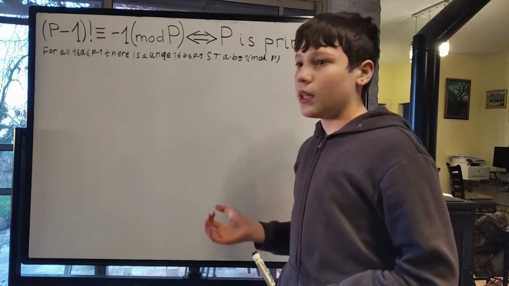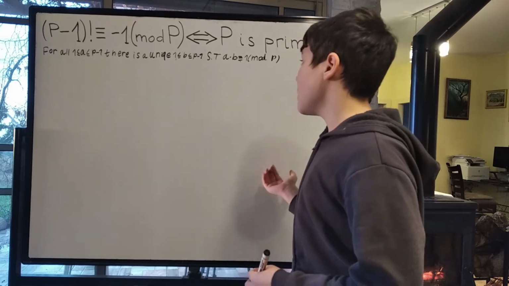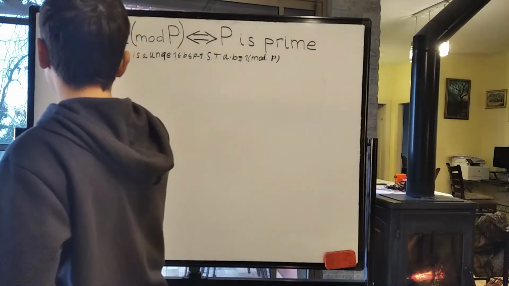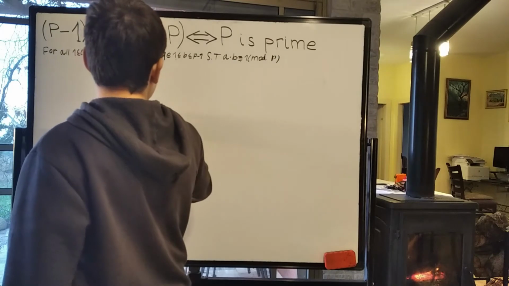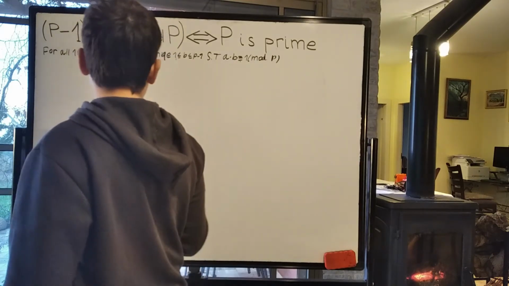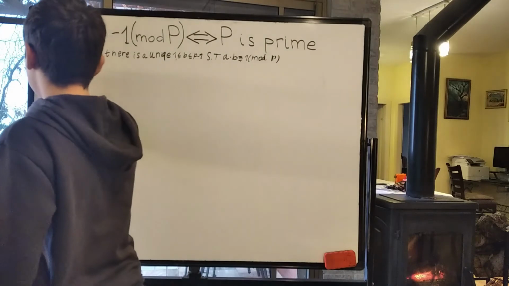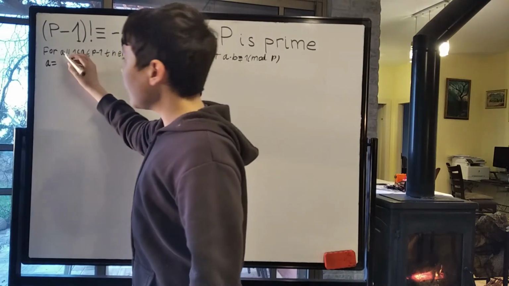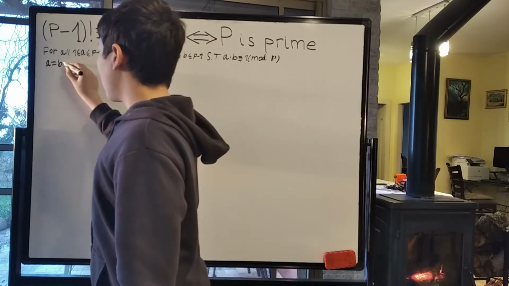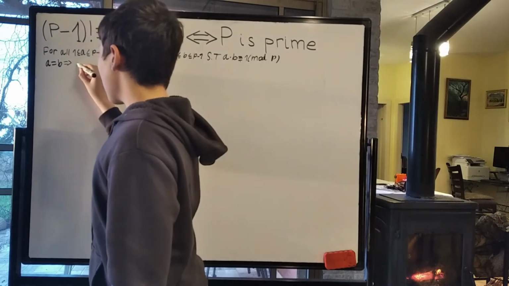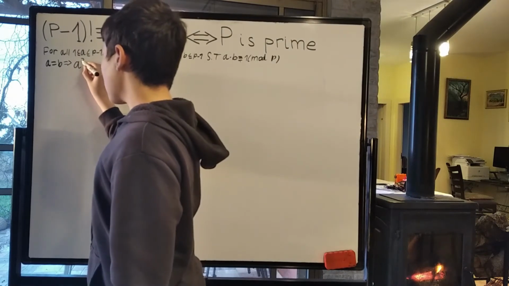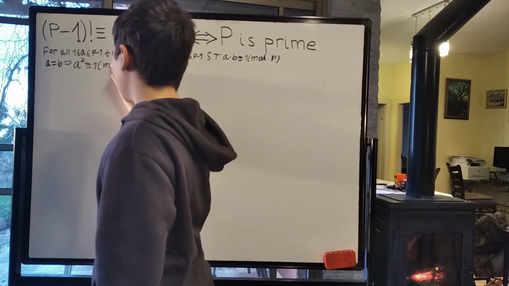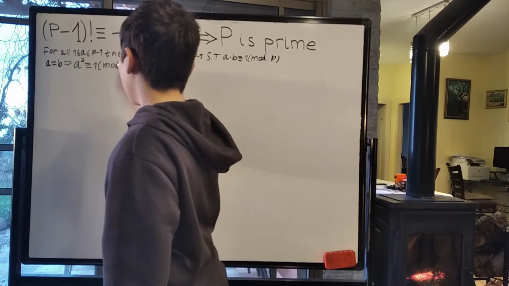So let's see when A is equal to B. A times B is congruent to 1 mod P, so if A is equal to B, we have that A times B, which is A squared, is congruent to 1 mod P.